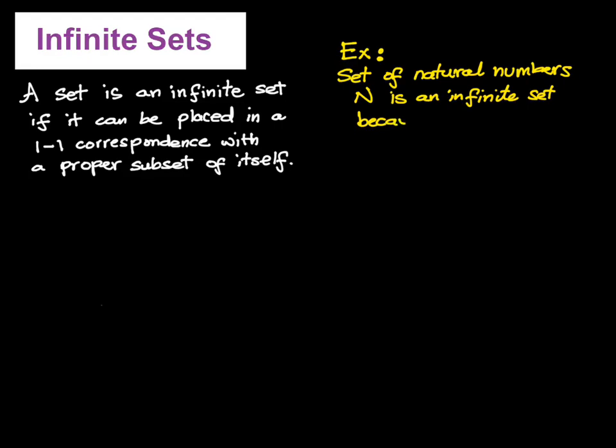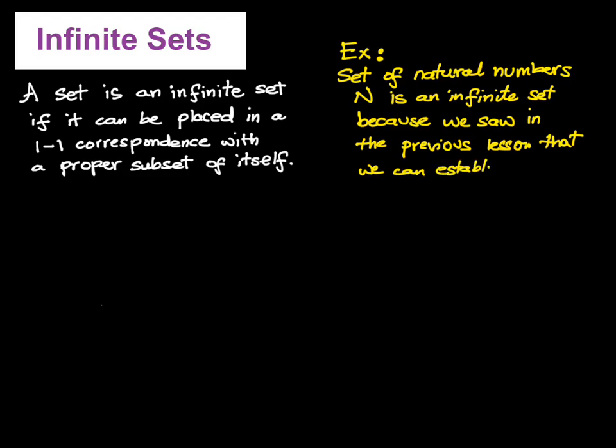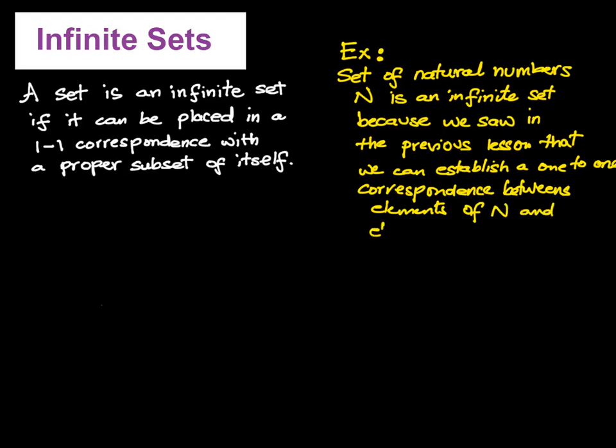Because we just saw in the previous video that we can establish a one-to-one correspondence between all the elements in the set N and the elements of its proper subset, which is the set E. So N has a one-to-one correspondence with E. That means the set N is an infinite set.